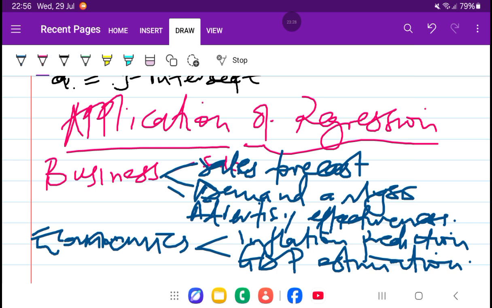But the independent variables, of course, these are the explanatory variables. These are the ones that are used to predict the dependent variables. In other words, they are the ones that if they change, they can cause a change in the outcome.